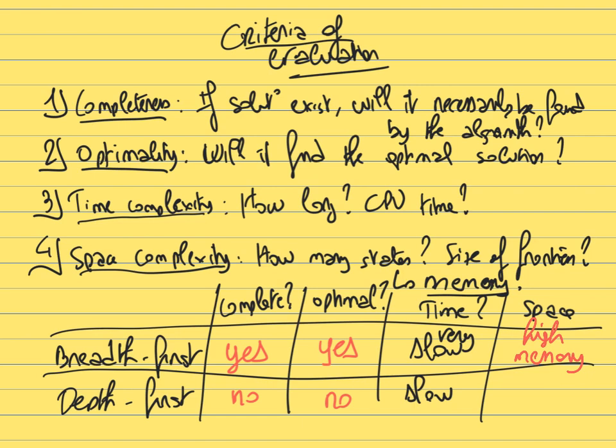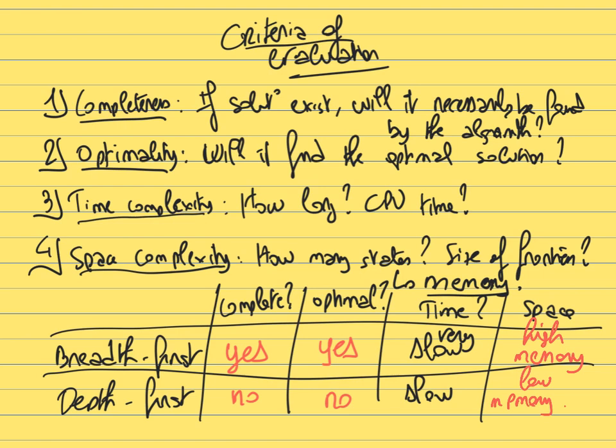If you think of the depth first, it requires a lower amount of memory, because it doesn't need to keep track of all the states of each layer. It just needs to keep track of one path, which is the path that it has chosen to follow, and it just needs to remember this path so that it can back up and go back to the last choice that it made if it turns out that it has reached a dead end.